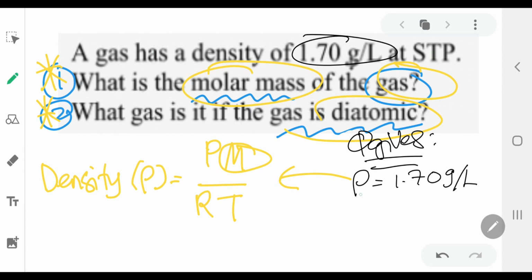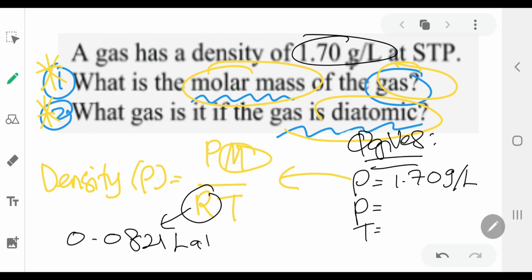But when they read through the question, they will get very confused because it seems the question does not give you enough information. Why? Because right now, you can see that there is only one piece of information with a number in it, which is the density. But what about the pressure? What about the temperature?